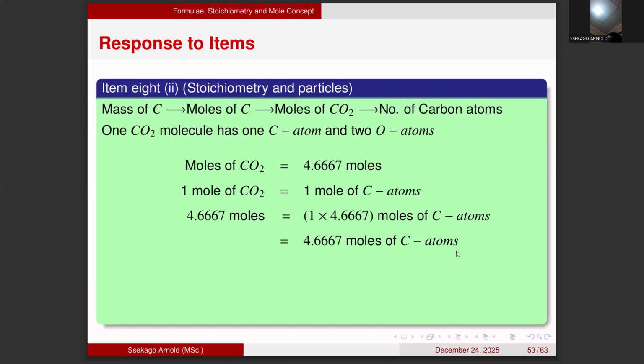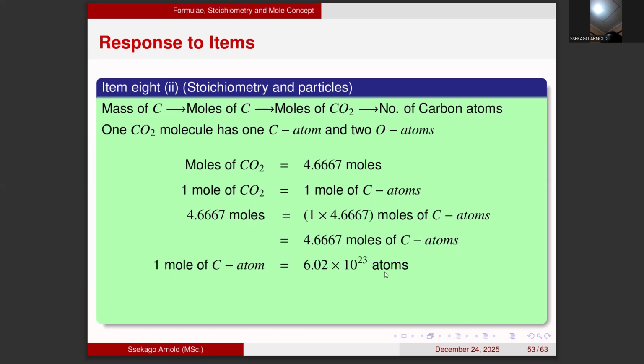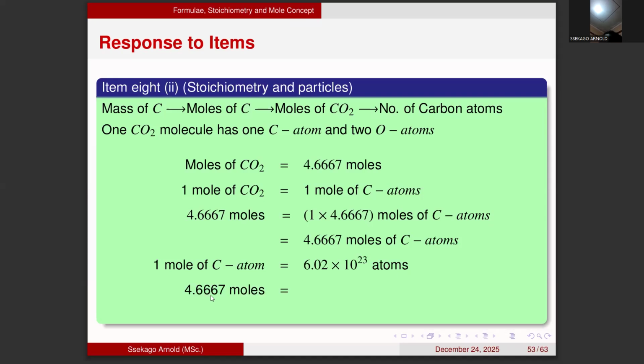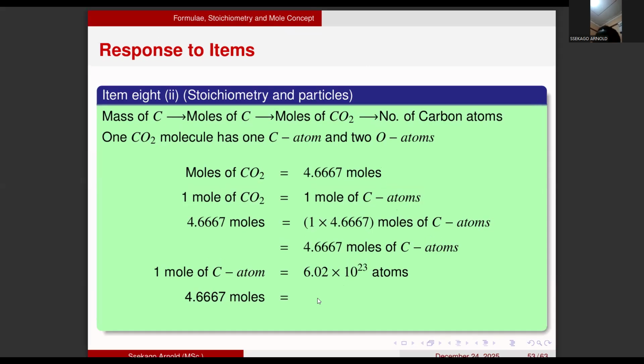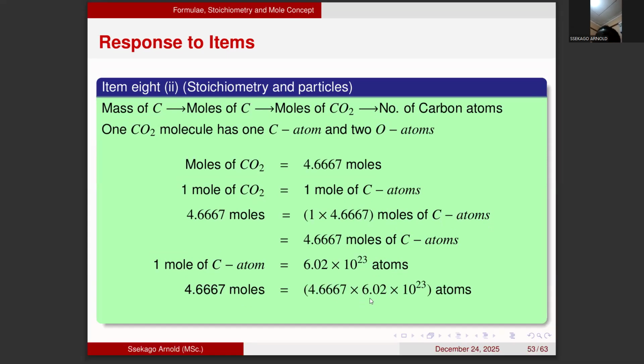These are moles. Now we find the actual number of carbon atoms. We use 1 mole of carbon atoms is equal to 6.02 times 10 power 23 atoms. Then the calculated 4.667 moles will equal 4.667 times 6.02 times 10 power 23 atoms.